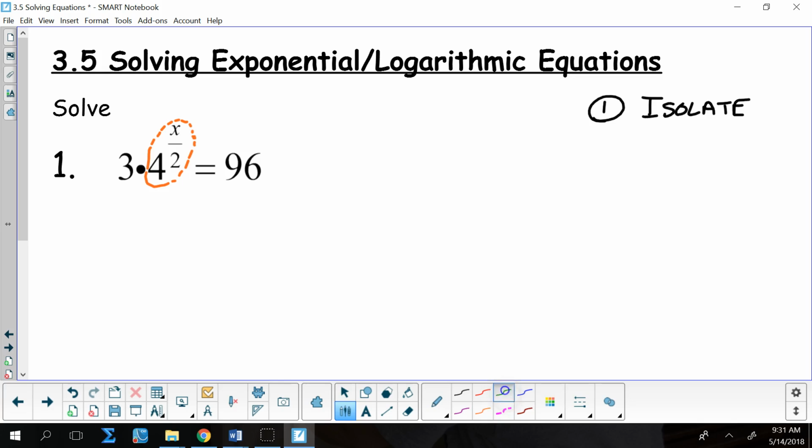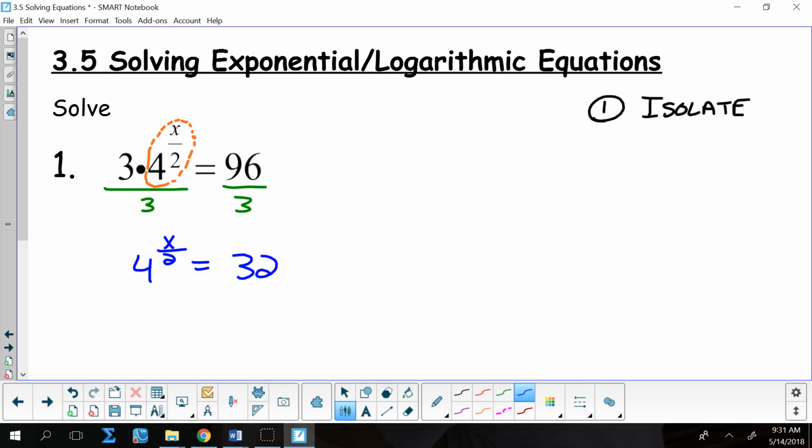So, in this particular case, I am going to divide both sides by 3. Now, that's going to give me 4 to the x over 2 power equals 32.